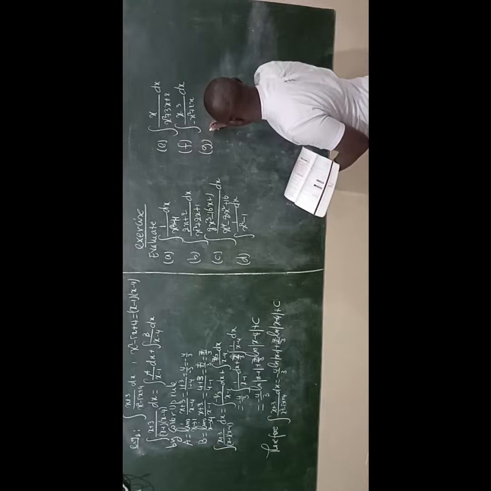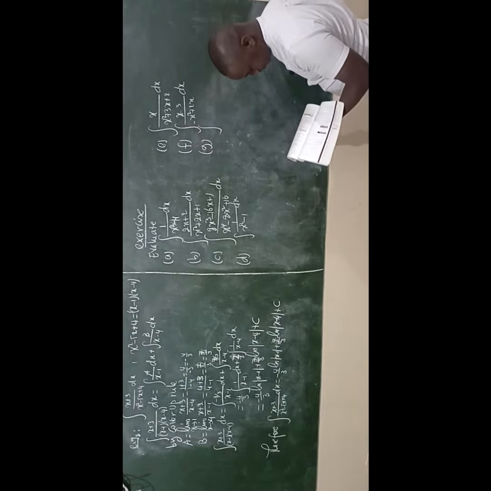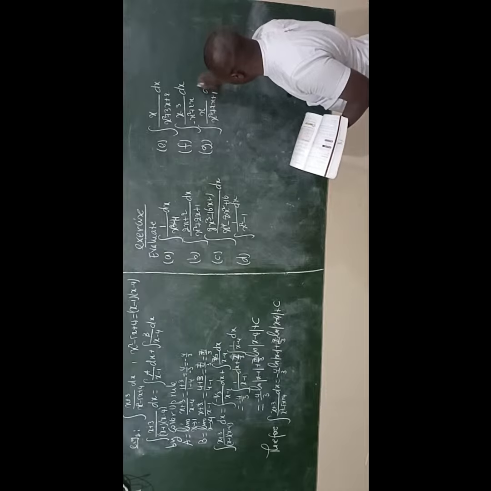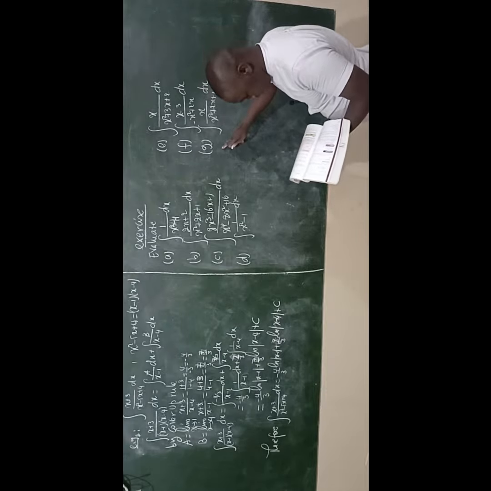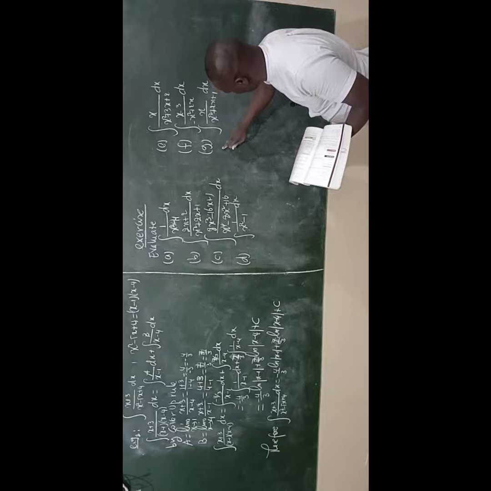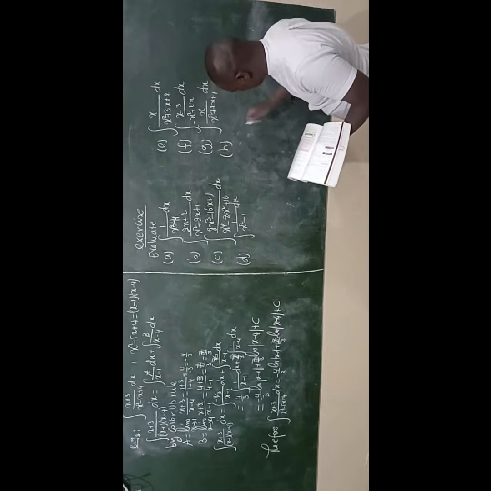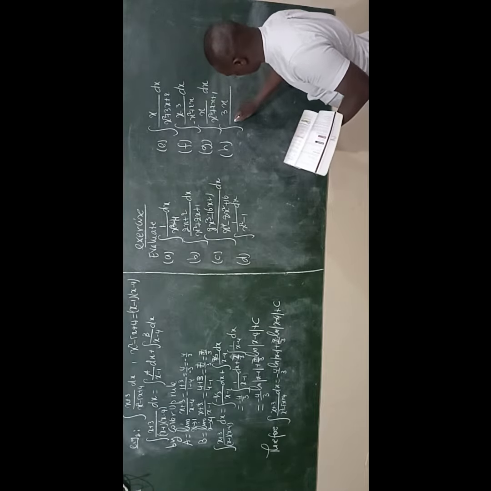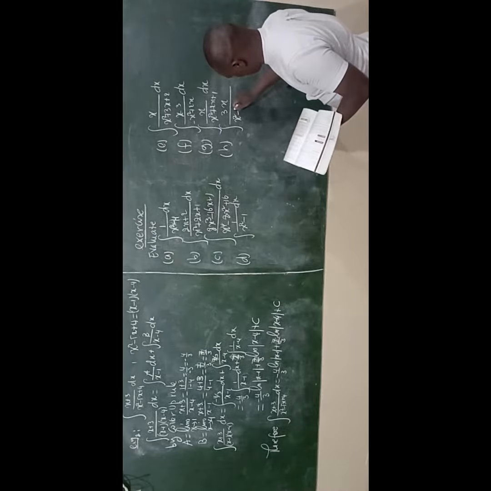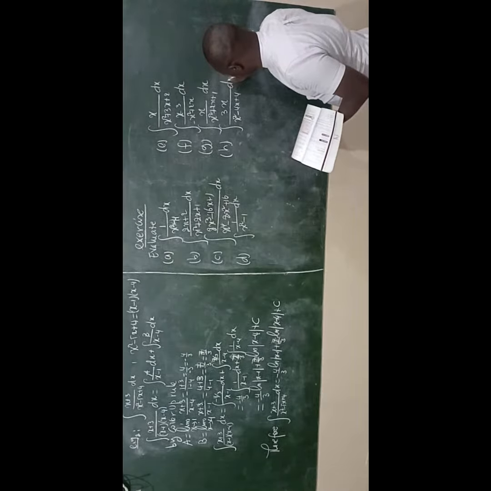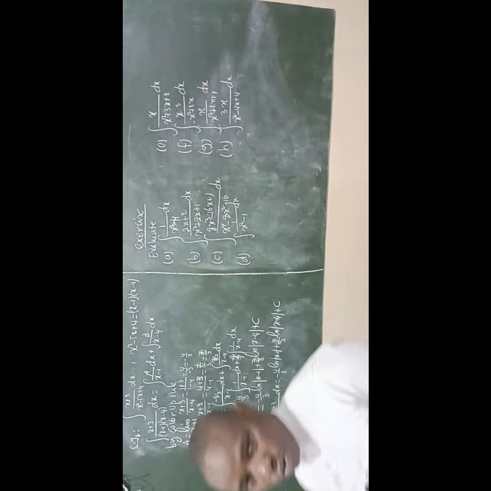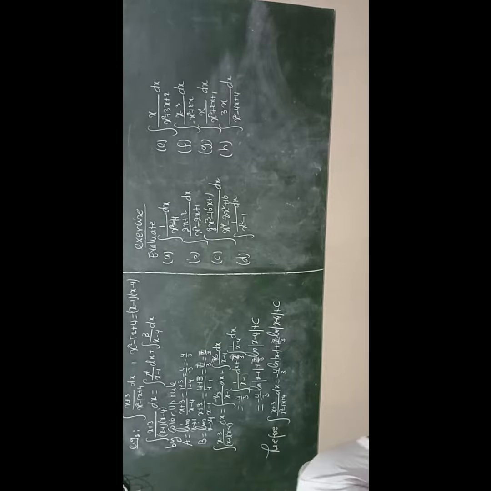G is about the integral of x by x squared plus 2x plus 1 dx. H is about the integral of 3x by x squared minus 4x plus 4 dx. If any of these questions fails you, please let me know.